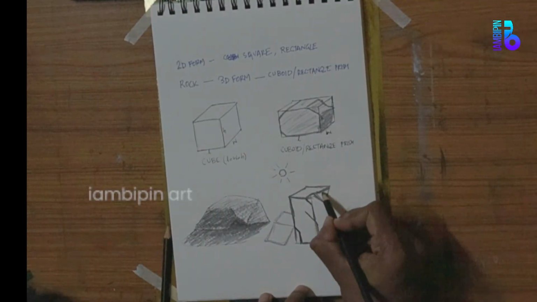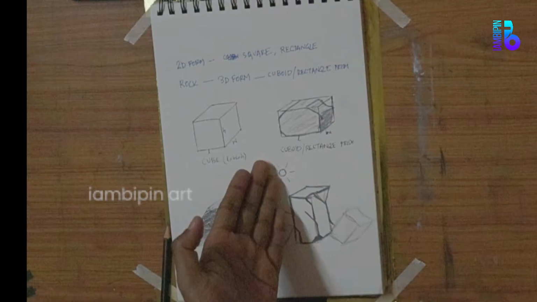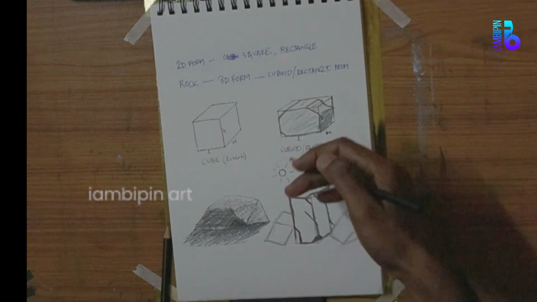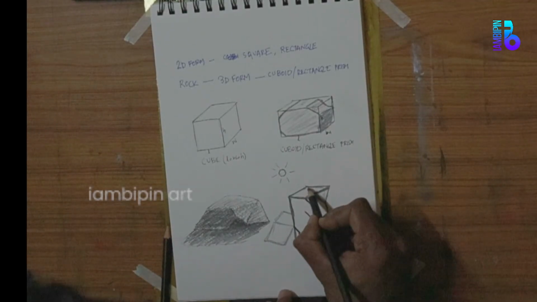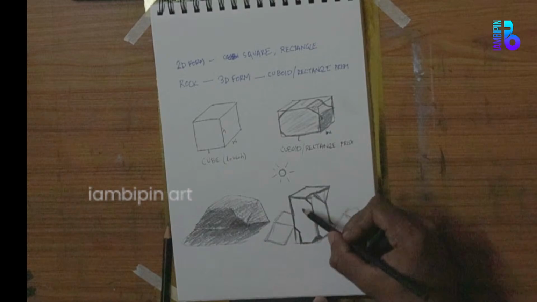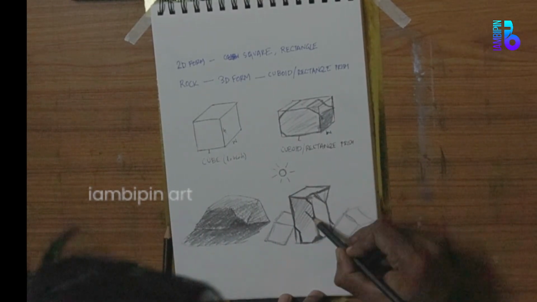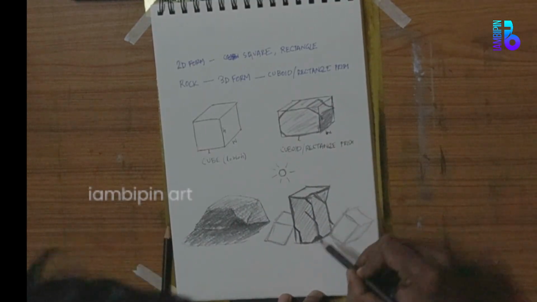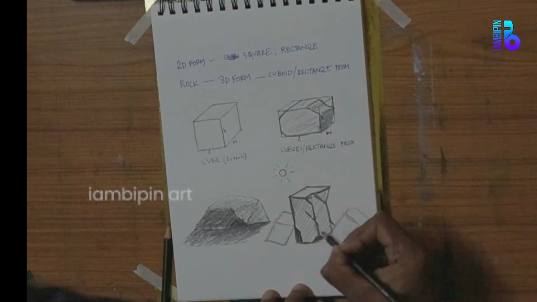Here suppose the light is coming from the top left, and that's behind this rock. So the highlights will be here. The core shadow, the shadow will be here, and this will be the darkest part.